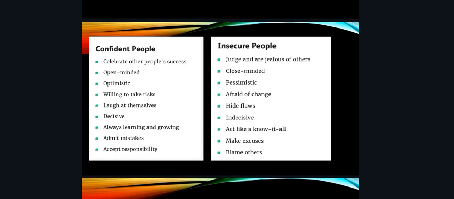They are always jealous of others. Okay. They are pessimistic. They always think negative. Afraid of change. They don't like to make changes in themselves. They hide their flaws. They are indecisive. They do not have the power to take decisions, and they act like they know everything, but they know nothing. They always make excuses. They blame others.